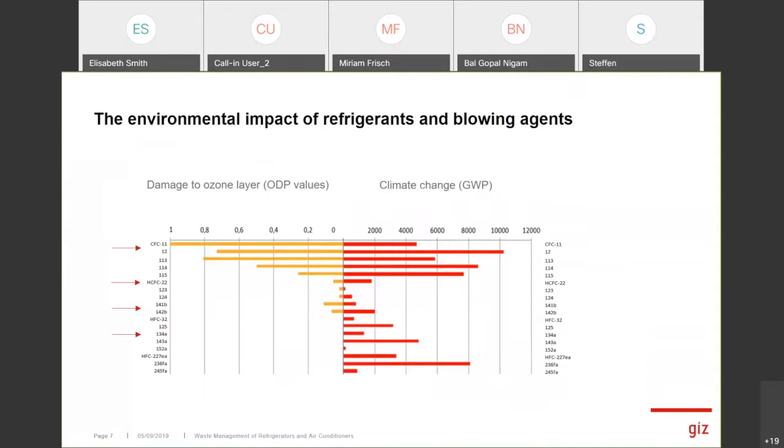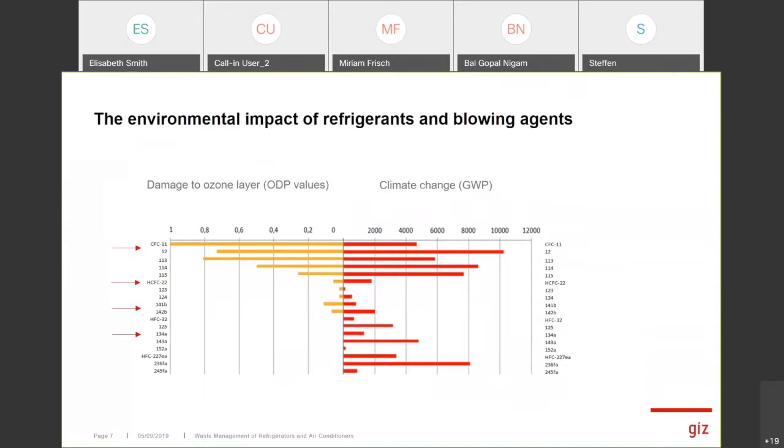And finally, I will mention the refrigerant R22 for air conditioners, which has an ozone depleting potential of 5% of that of R11, and a global warming potential of 1,810.